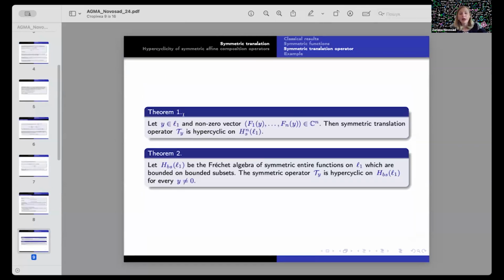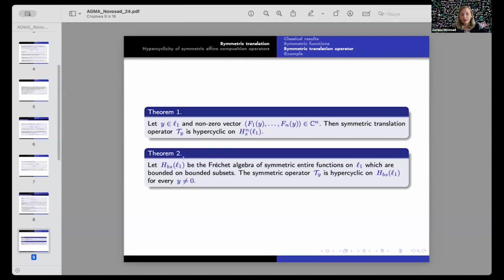We have the following theorem. Theorem 1: let y be from l1 and a non-zero vector (F1(y),...,Fn(y)) from C^n. Then T_y is hypercyclic on the algebra of entire symmetric functions on l1. I want to say that this algebra is finitely generated by the symmetric polynomials F1 to Fn.